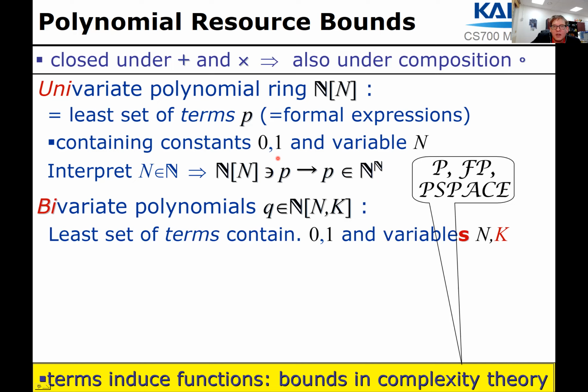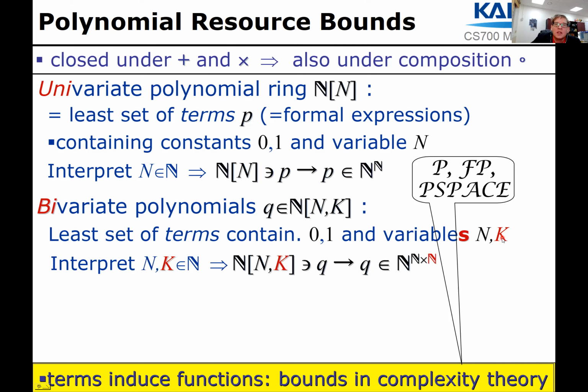So, for bivariate polynomials, one way of introducing them formally is to say this is a smaller set of terms that again use the same constants and now two variables n and k, the secondary complexity parameter, and these induce bivariate functions.